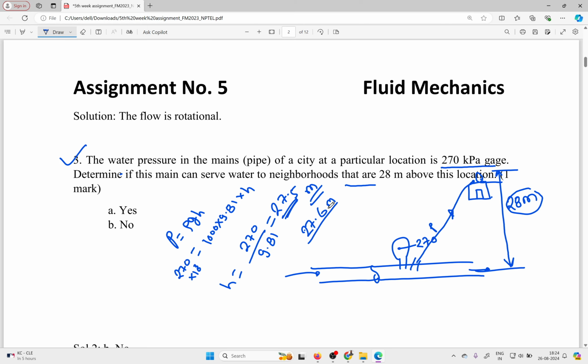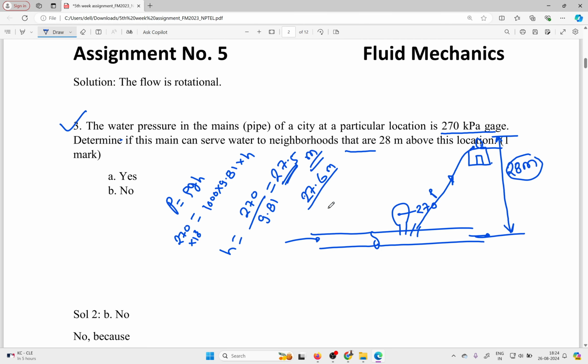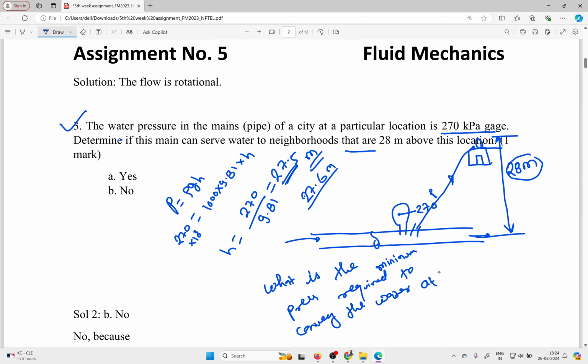If anybody wants to calculate, here is my second question: what is the minimum pressure required to convey the water at house level?